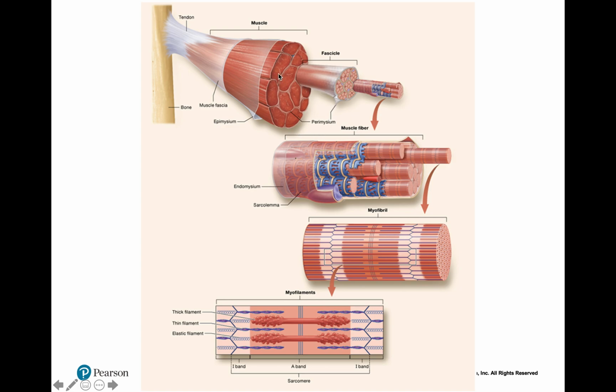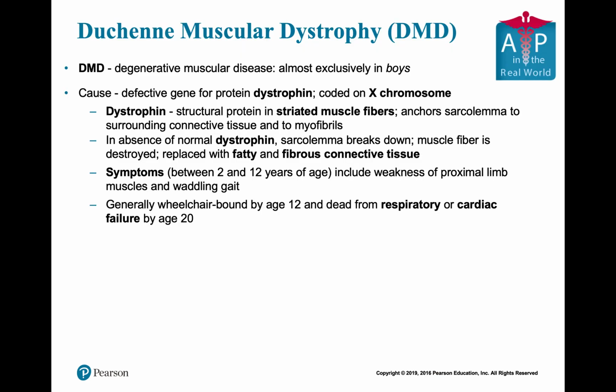Because there's connective tissue running throughout the entire skeletal muscle organ, binding cells together, binding fascicles together, when one contracts, that connective tissue pulls on the other, and it helps transfer force to other muscle cells nearby. So that's why we have those connective tissue investments.